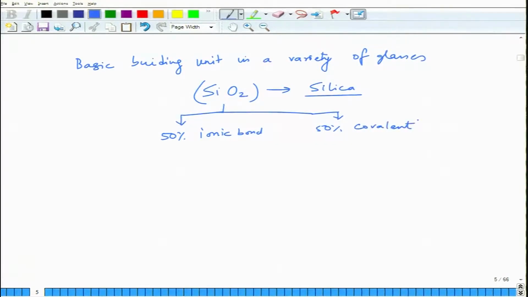So, it has this character that it must have this kind of behavior.